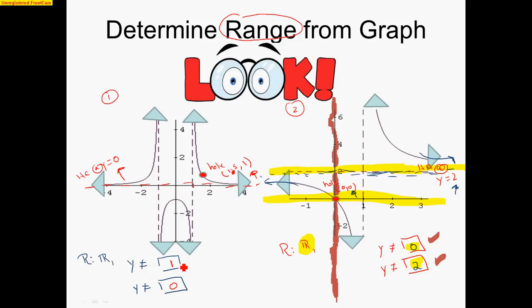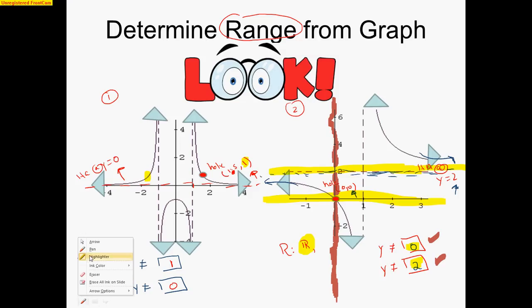So now look at the hole. It is true that the hole is not used here, right? 1 is not used. That's an open circle. But look over here. This is a closed circle, and the height of 1 is used here.